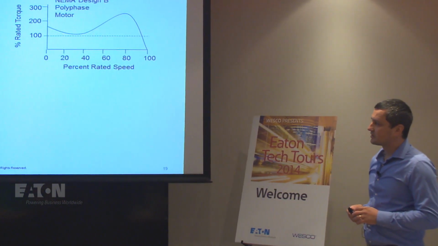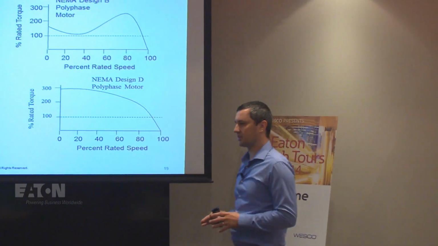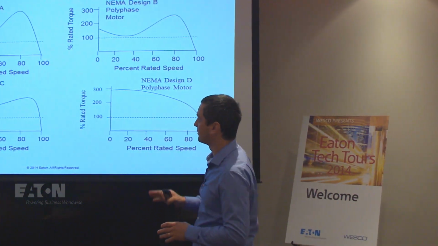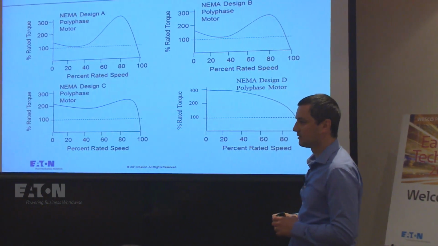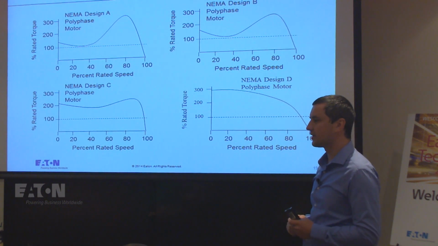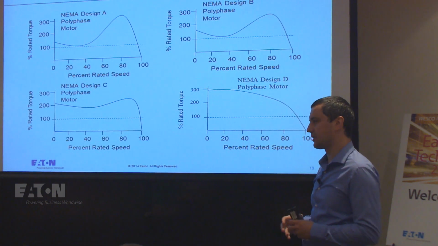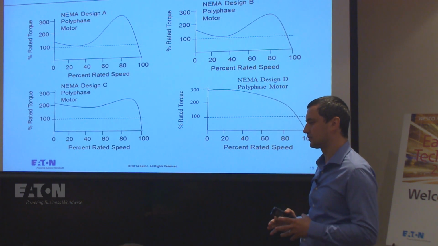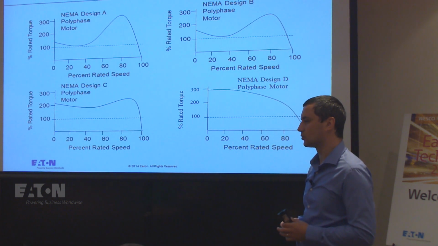Now, this is what I was saying, we have a couple NEMA designs for the motor. There is a NEMA E, which is not here, but this is mainly what you have, NEMA A, B, C, and D. You see all the difference between these. Let's say you have an application where you're demanding a lot of torque initially, when you want to start the motor, like a big flywheel or something like this.